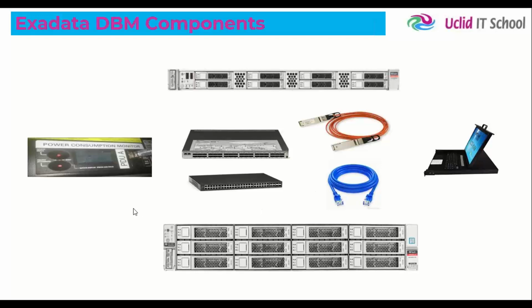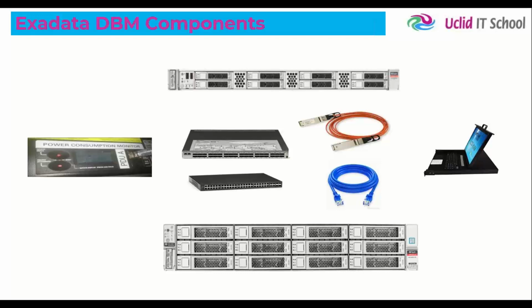So you will have an admin switch, which is an Ethernet switch, and Ethernet cables, which implement Ethernet networking. And Exadata includes power distribution units, which supply power to all the components inside the rack. And depending on the model, in the old models, we have a KVM switch also, which provides the keyboard, video, mouse capabilities for your rack. So these are the components, the building blocks of an Exadata system. And you will find many of these components inside the rack.